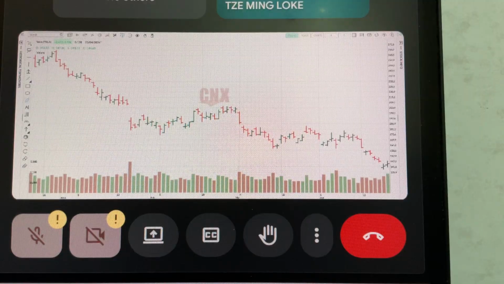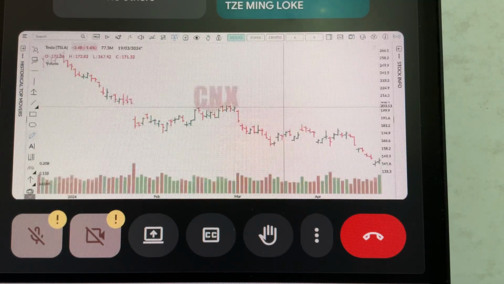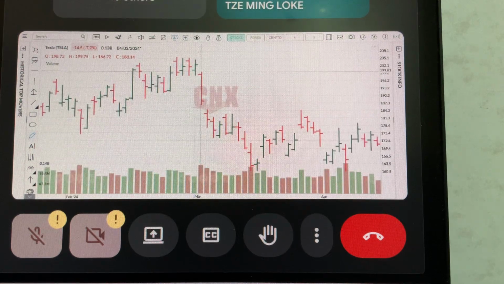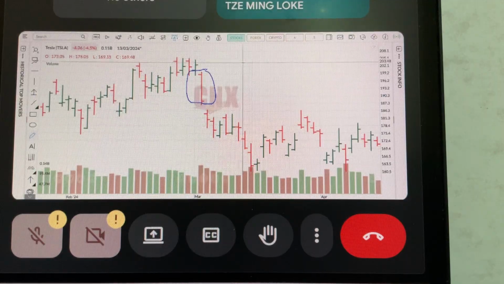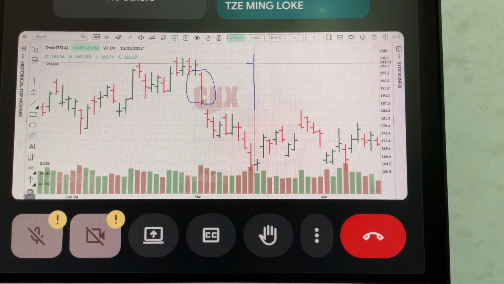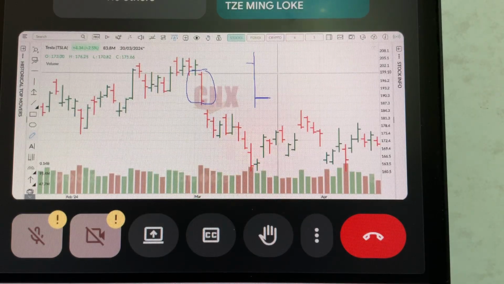So if you look at the bar chart, for example, this bar here looks like this, but of course the color is red.